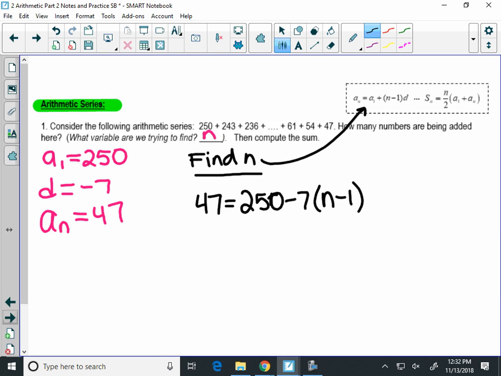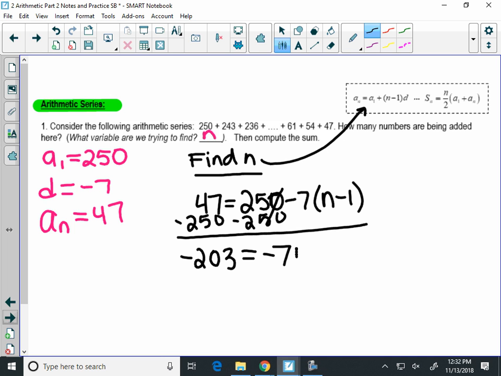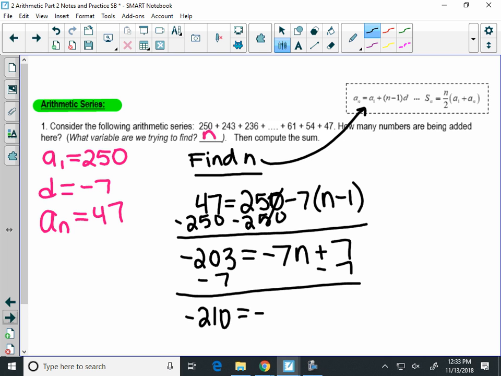So we're going to simplify that. So I would subtract 250. Negative 203 equals negative 7 times n minus 1, and if you distribute by minus 7, negative 210 equals negative 7n.